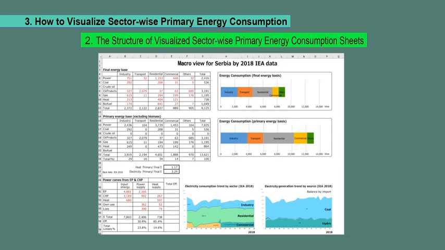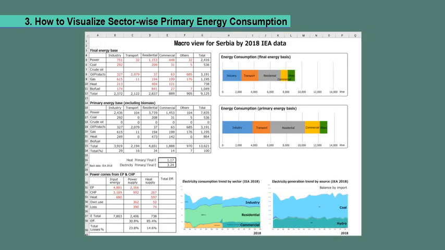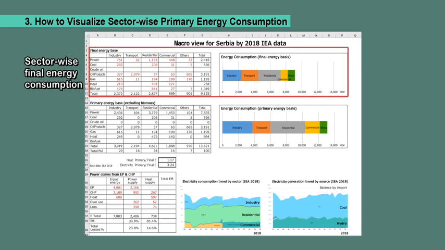This is a visualized sector-wise primary energy consumption sheet. JICA has the template for this, but I will explain the overall structure so you can make one without the data file at hand. This is Serbia's case. First, sector-wise final energy consumption is at the top left. The data is available from IEA's energy balance tables.